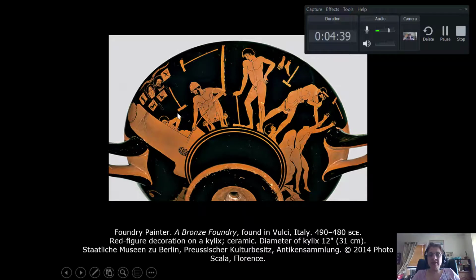So they could make them in sections and then put them together. This head was made separately, and it's going to end up on this body eventually. He's hitting it because he's finishing the surface of it. This guy's poking the embers because it has to be a fairly high heat in order to melt metal.